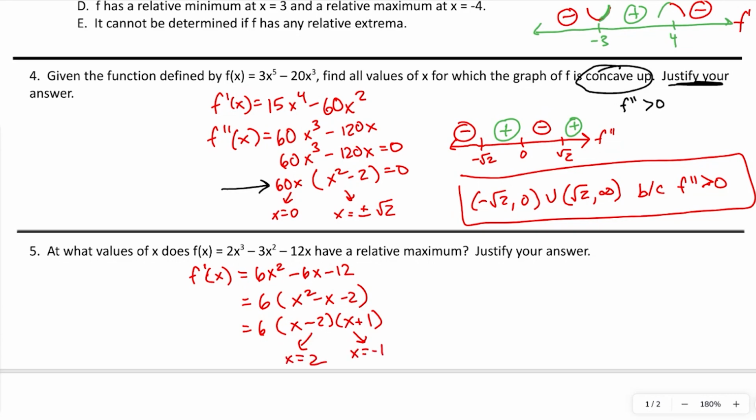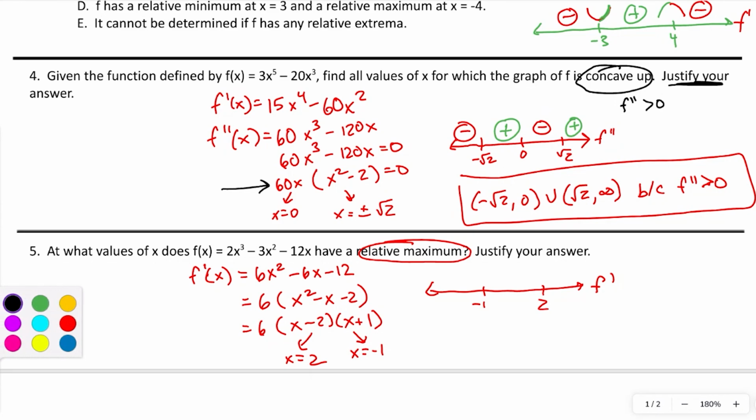I'm going to make my sign chart here for f prime, negative 1 and 2. I'm looking for a relative maximum, and that's going to occur when f prime goes from being positive to negative. So that's one way to find it.